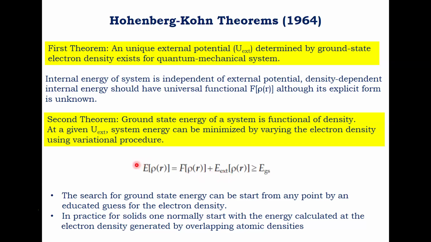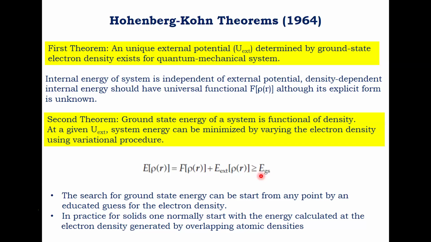So if you write the ground state energy as a functional of density, the sum of the universal functional energy and the external energy, it is always going to be greater than or equal to the true ground state energy. That is nothing but the variational principle.